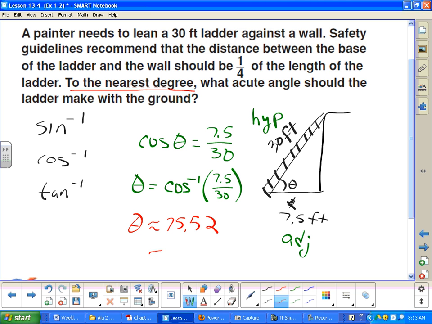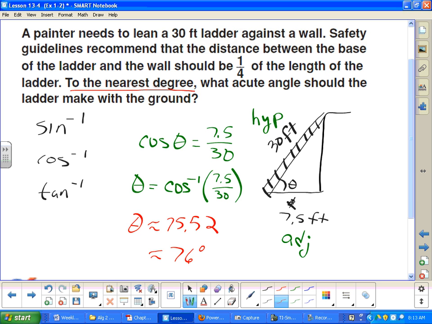We would say approximately 76 degrees is theta. So this is a case where I know the ratio and I'm trying to find the angle, so I do the inverse.